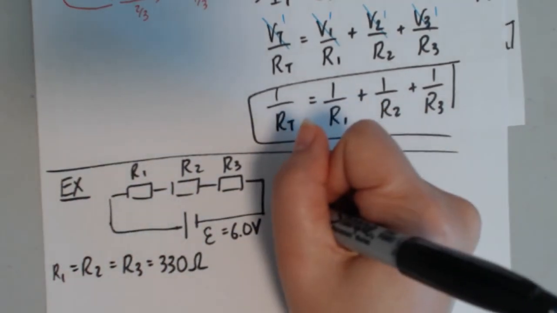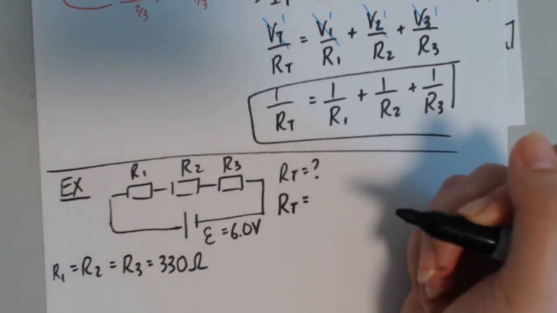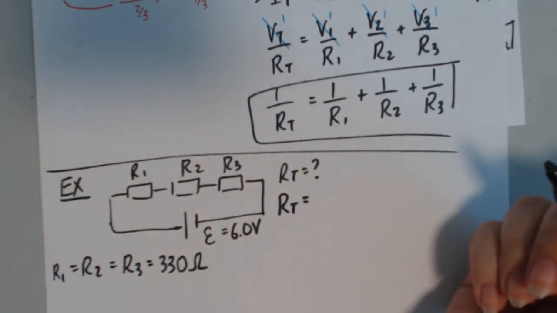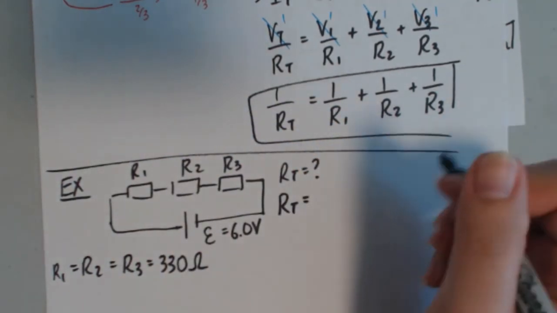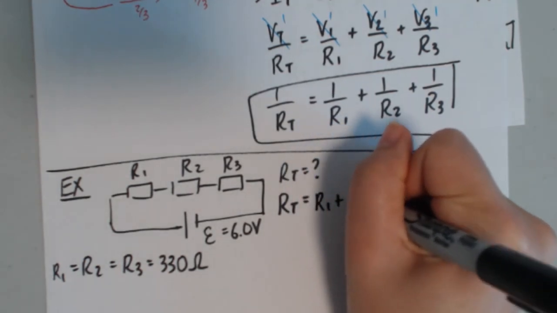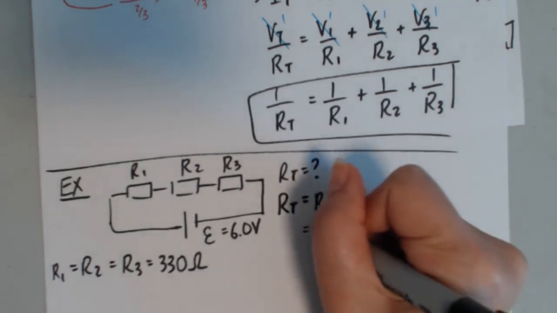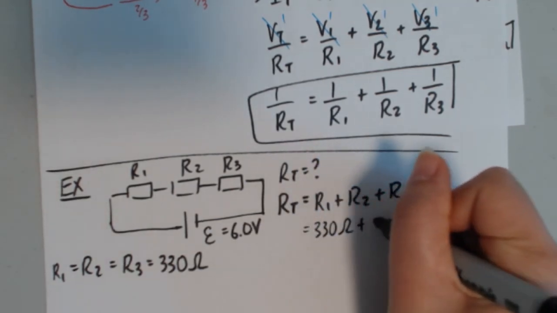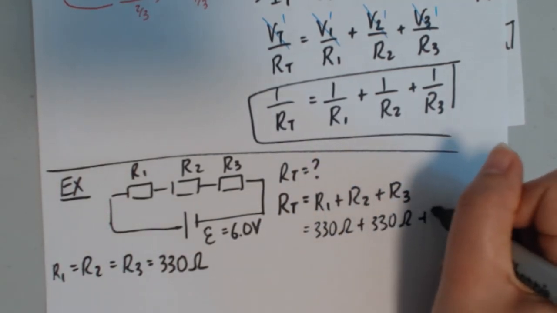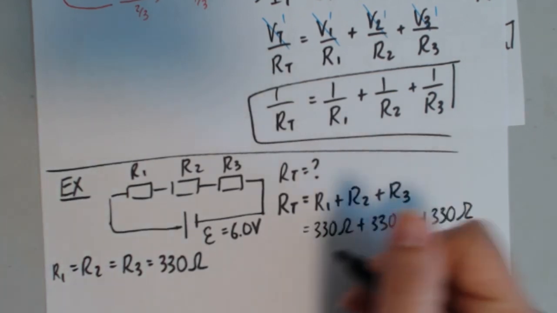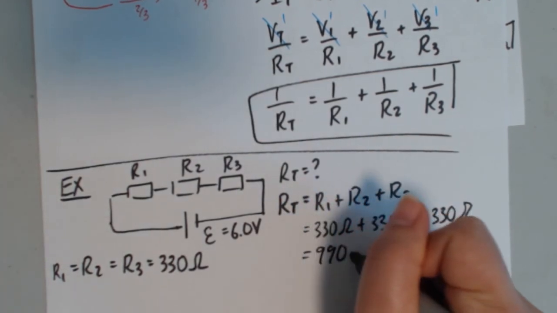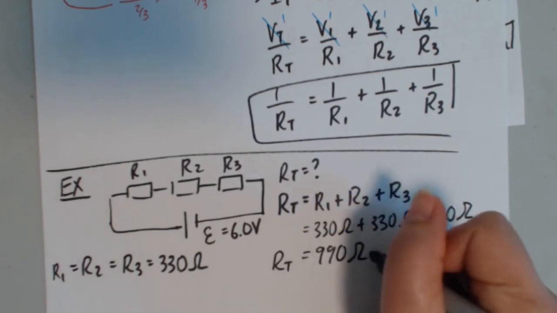Due to the fact that it's a circuit where all the resistors are connected in series, I know that the total resistance is equal to R1 plus R2 plus R3. So what is that? That's 330 ohms plus 330 ohms plus 330 ohms. That's 990 ohms.